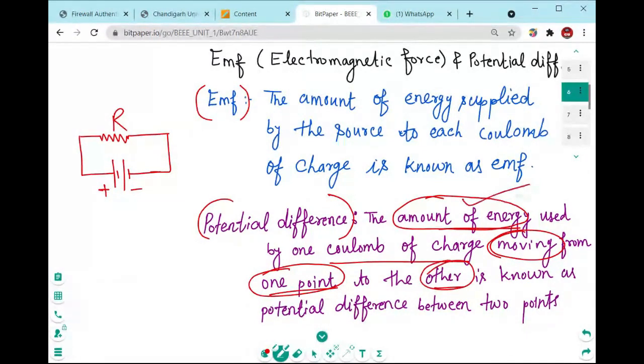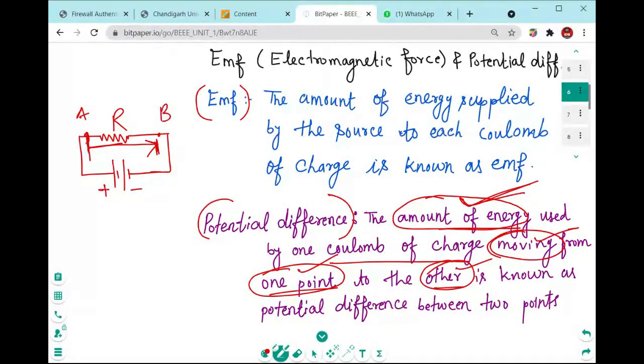So this energy will move from point A to point B. Let's suppose that this is point A and this is point B, and 1 coulomb of charge is moving from one point to another.